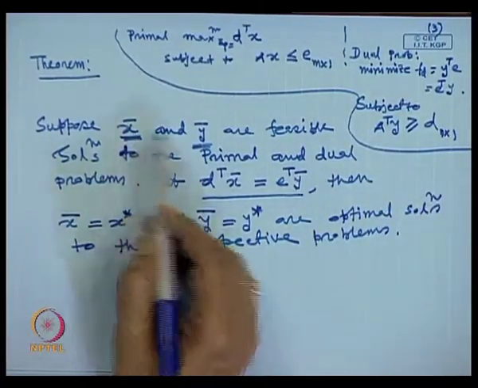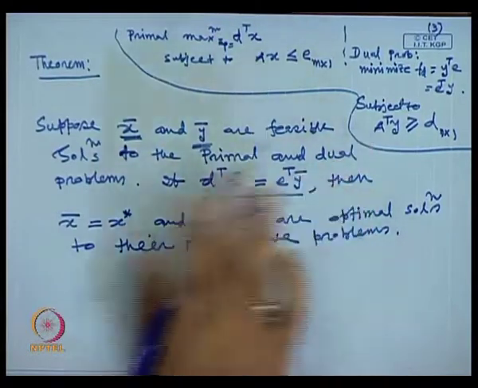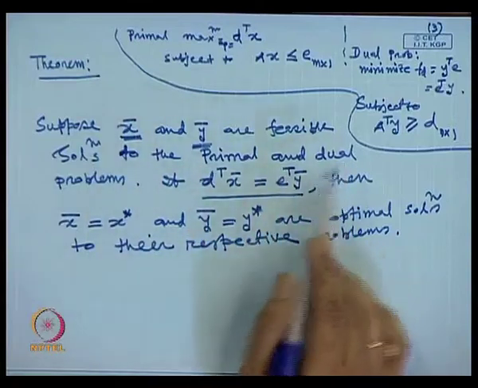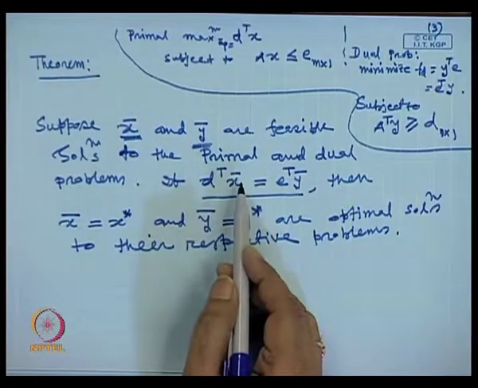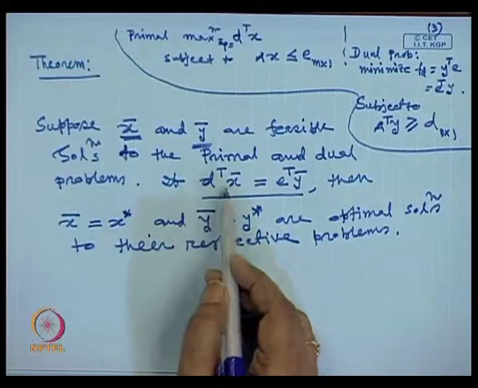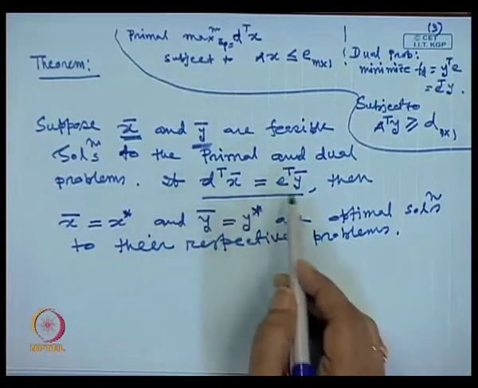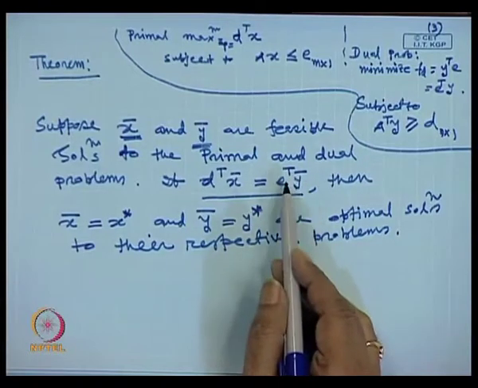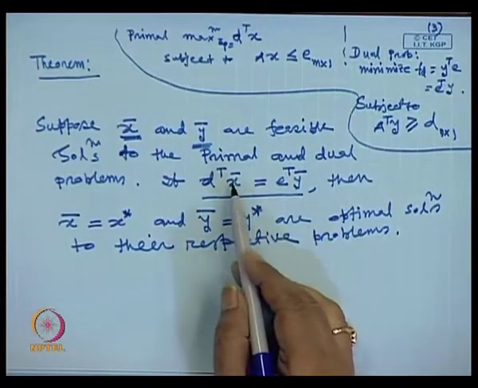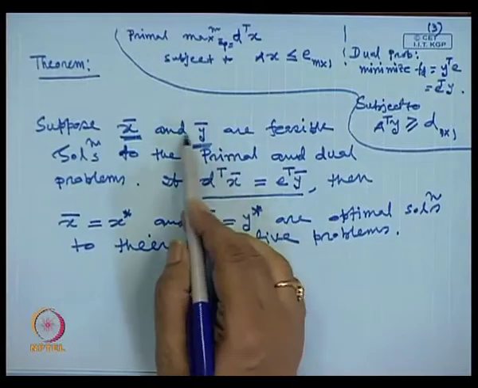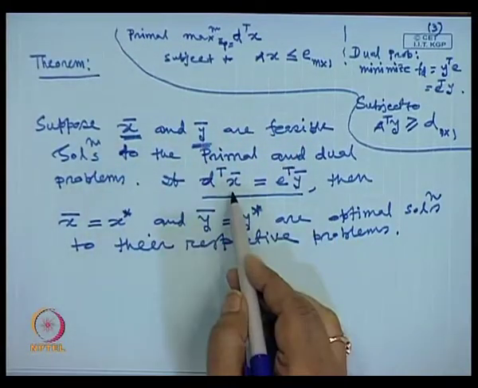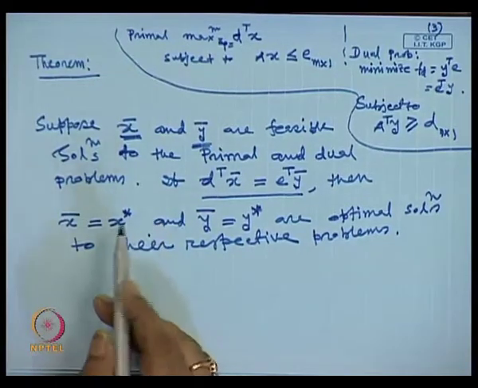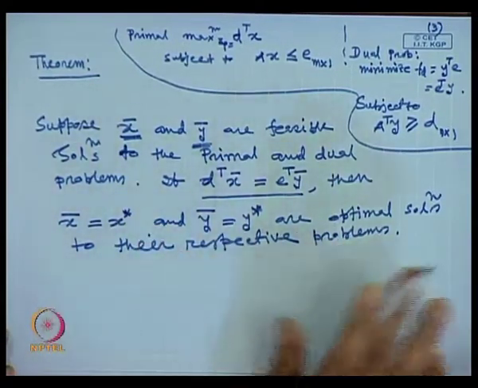If x bar and y bar are two feasible solutions, and the objective function value of the dual problem and the objective function value of the primal problem are the same at those two feasible points, then we call those two feasible points the optimal solutions of their respective problems.